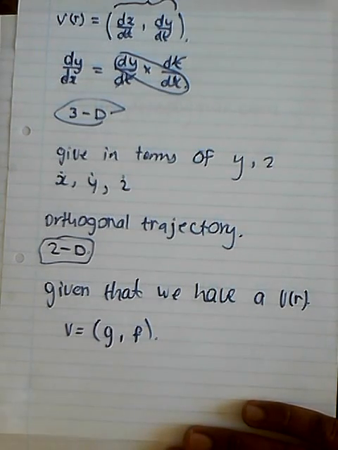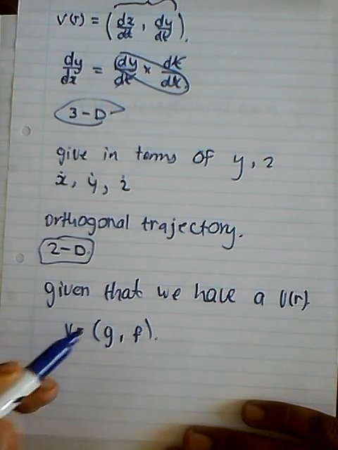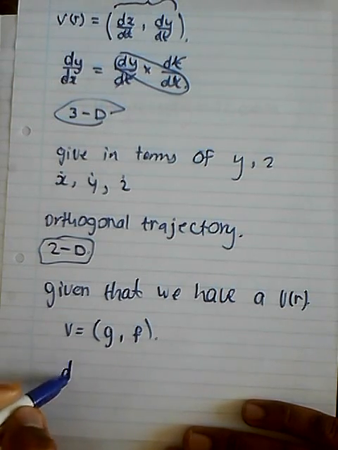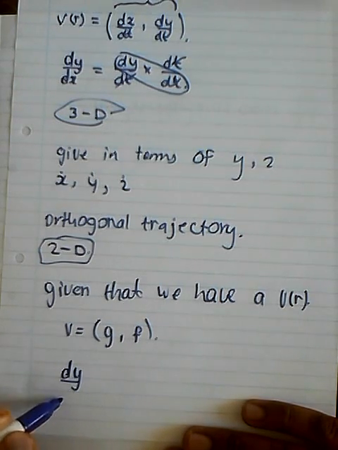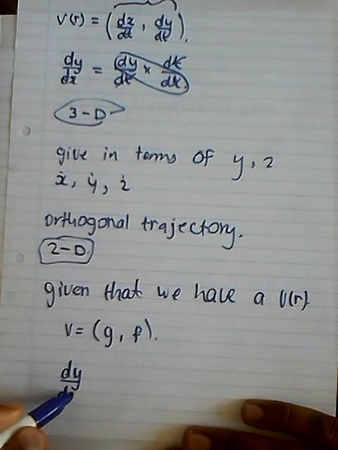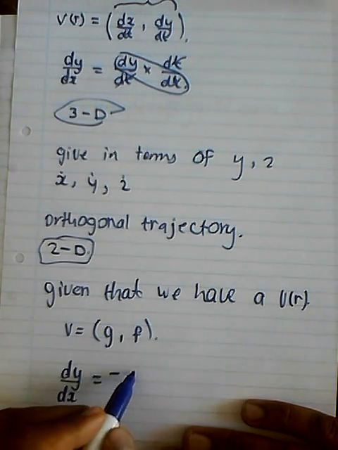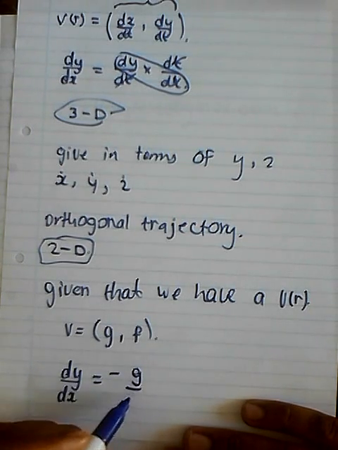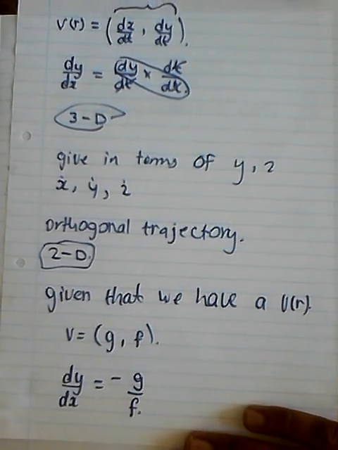To determine the orthogonal trajectories, what we do is we solve the differential equation dy over dx equals minus g over f.